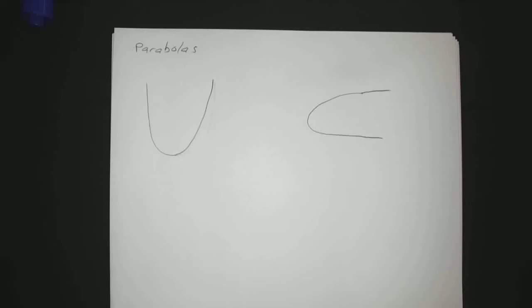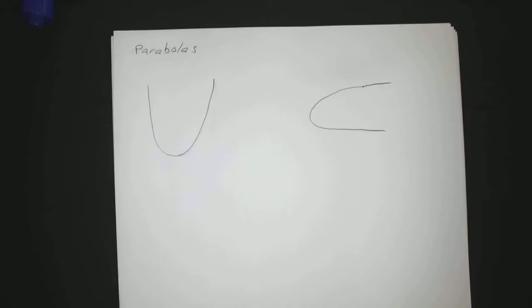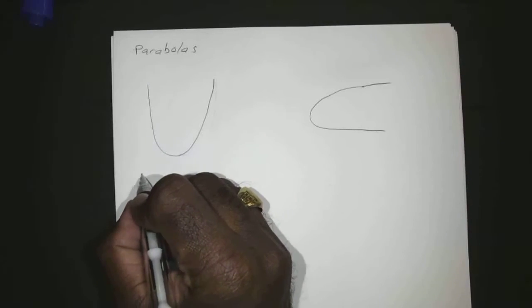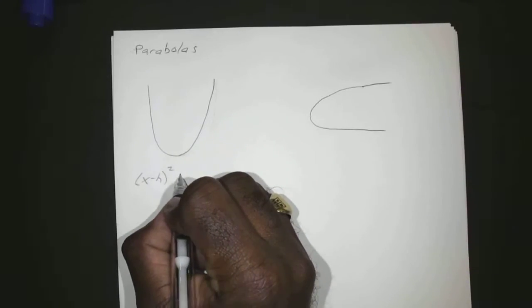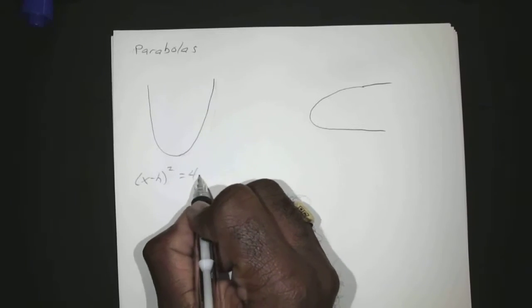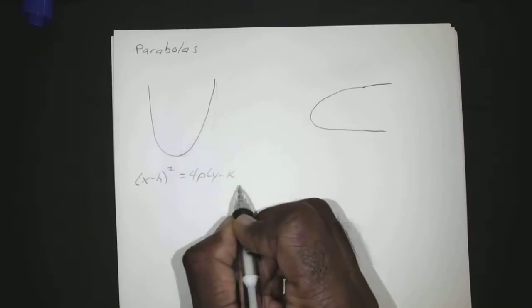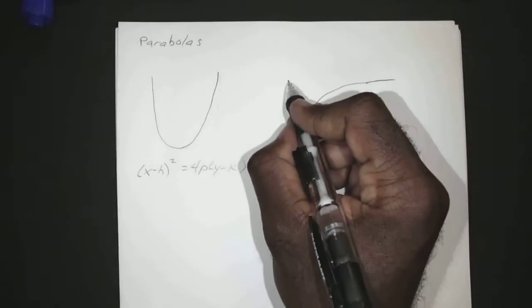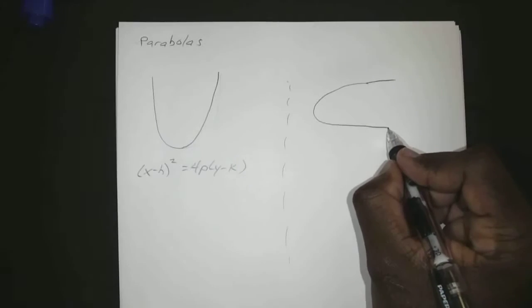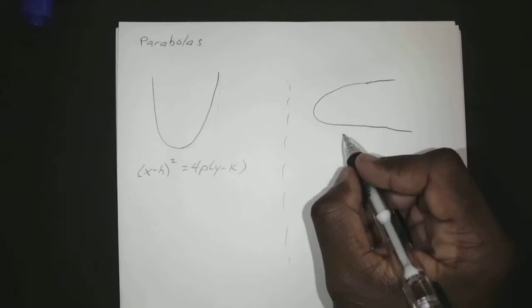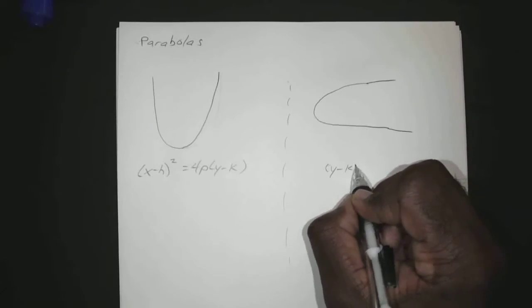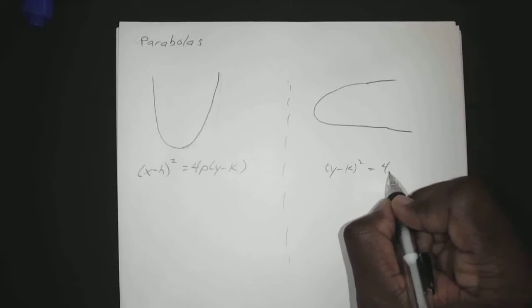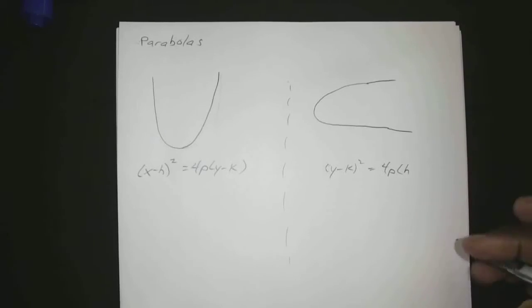Okay, so here we have x minus h squared equals 4p y minus k, and I'll explain each individual letter. And you have here y minus k squared equals 4p x minus h.